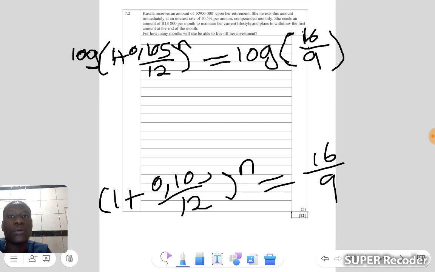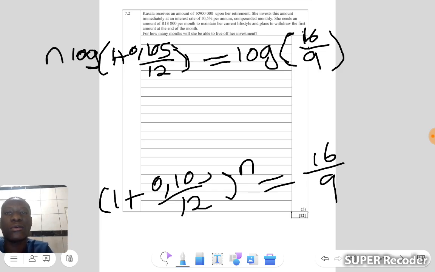Once we apply the log, our n should be dropped immediately, like this.